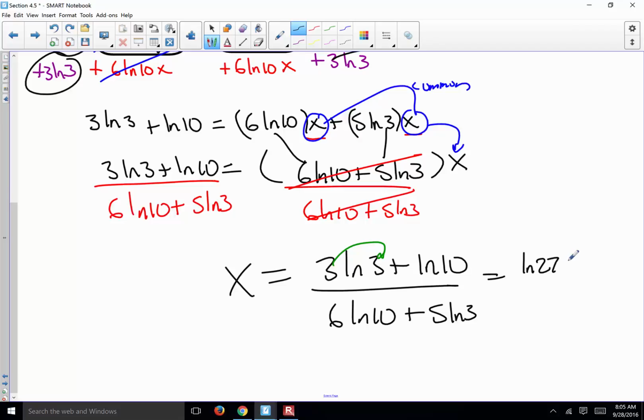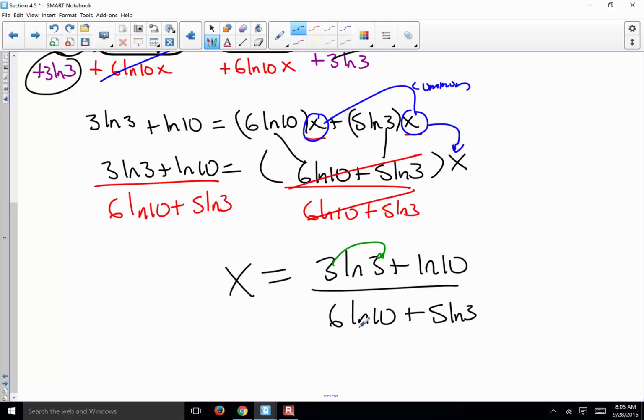Which is 27. And when you multiply 27 and 10, these two combine into ln 270, because addition turns into the product rule. Okay? But it's optional if you wish to do it. It's just going to look nicer on top.